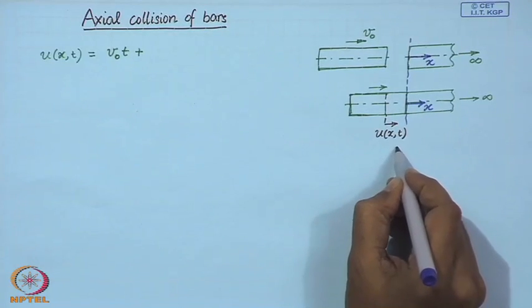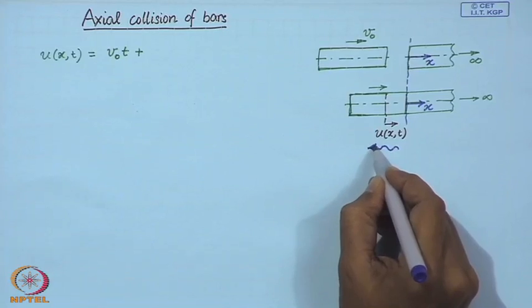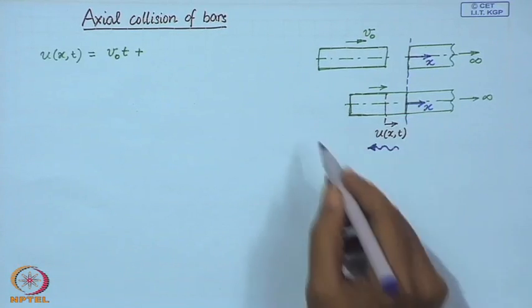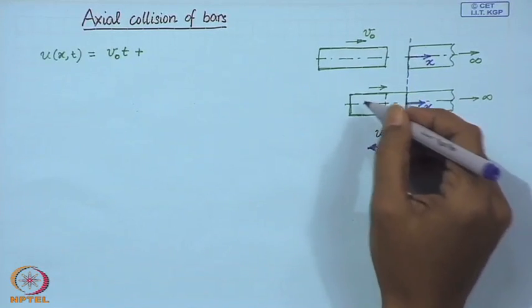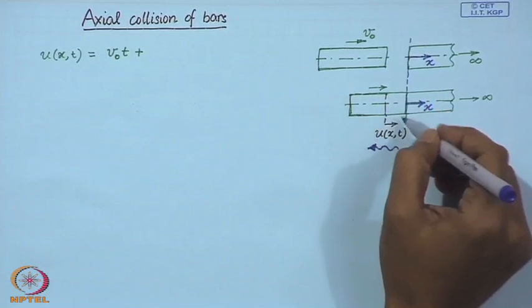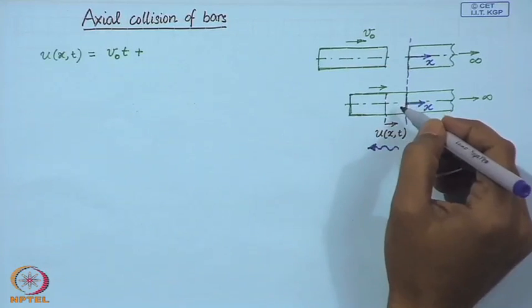So, there is a propagating wave in the negative x direction, which tells this finite bar that this face has hit an obstacle.